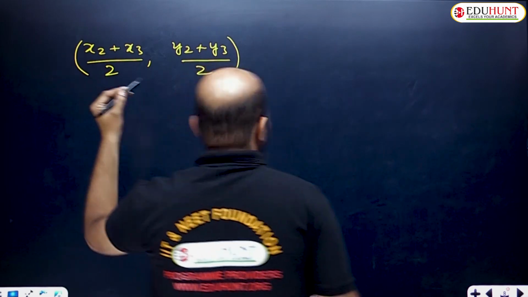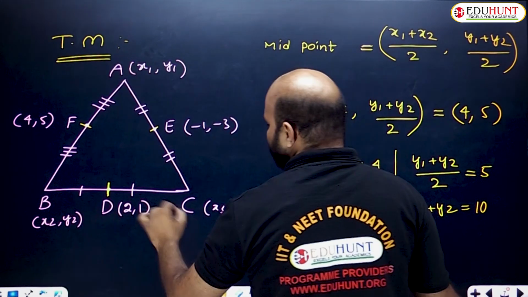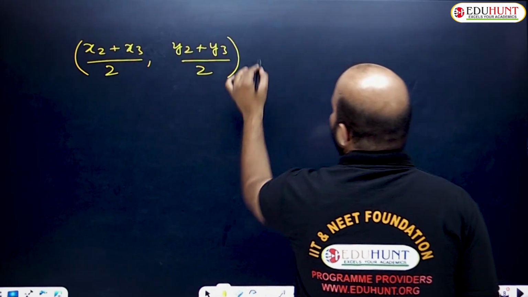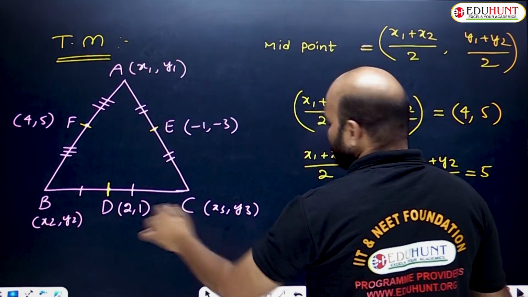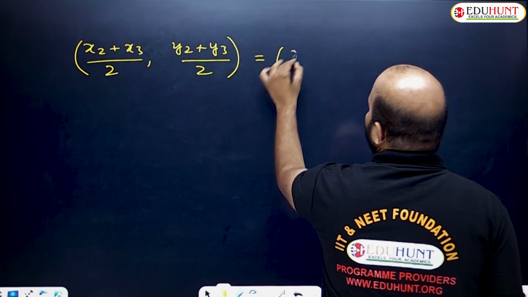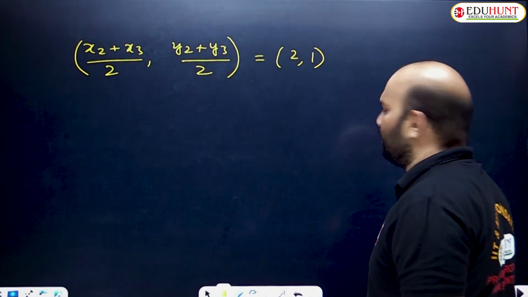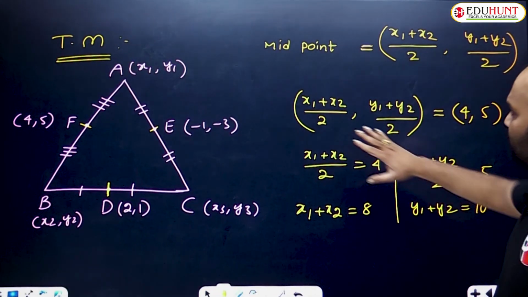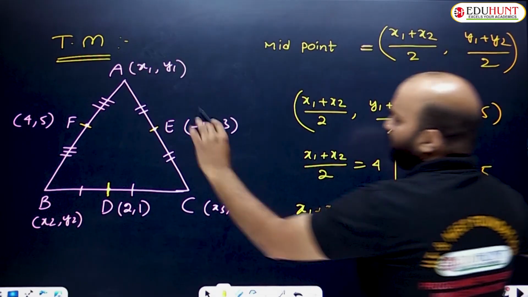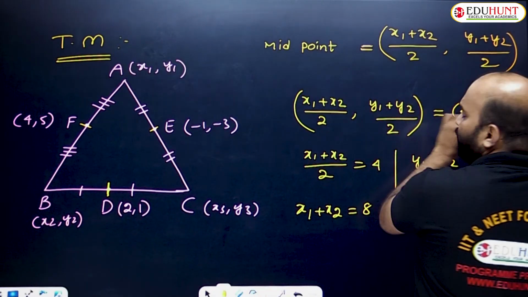So this is the midpoint of B and C. That is D. What are the D coordinates? 2, 1. It is equal to 2, 1. Am I clear? So the first equation is the midpoint of A and B, which is F equals F.